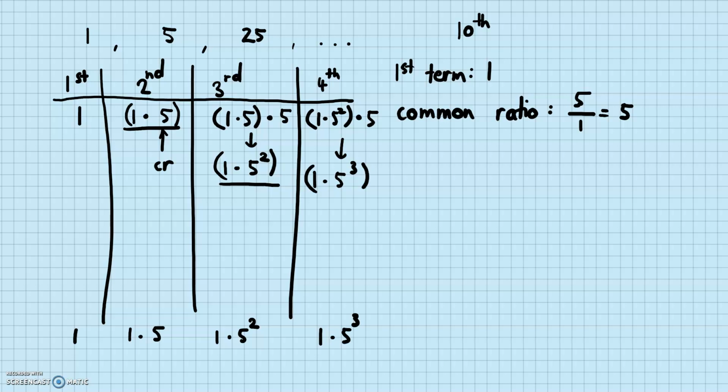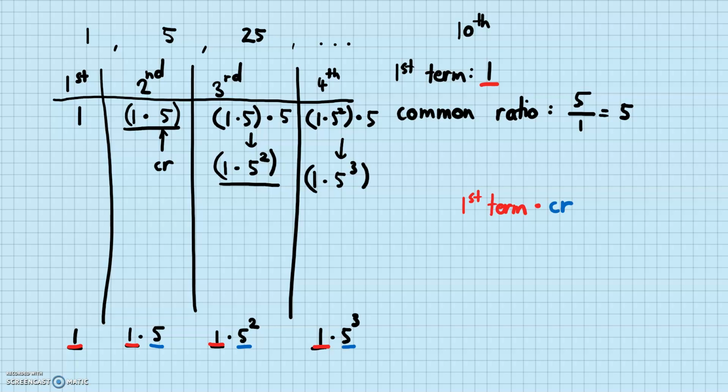Okay, so this number here, let me actually use a different color, this number here is the first term. And you're multiplying the first term by the common ratio.